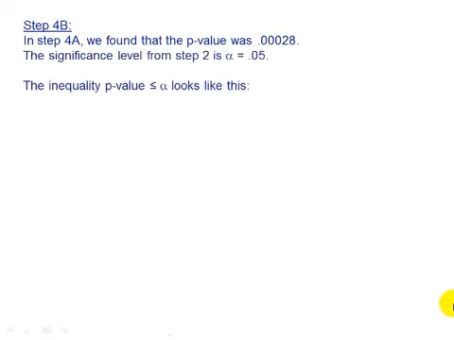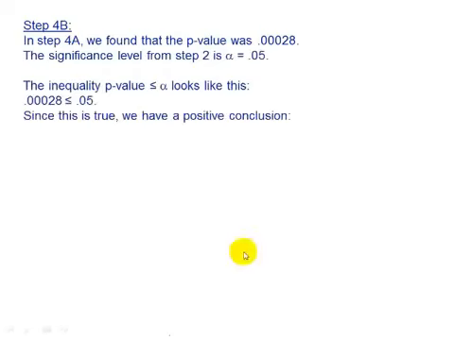Our next step is to compare our p-value to alpha and get our initial conclusion. Our p-value is 0.00028. Our alpha was 0.05. So our inequality looks like this, and this is a true statement since this value is less than or equal to 0.05.